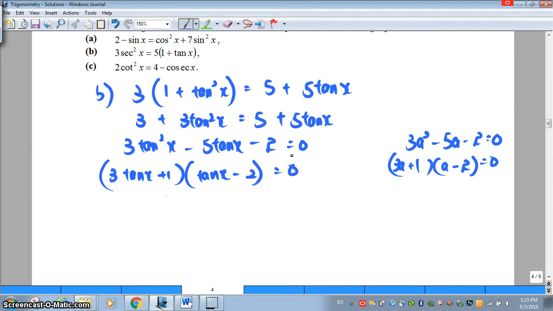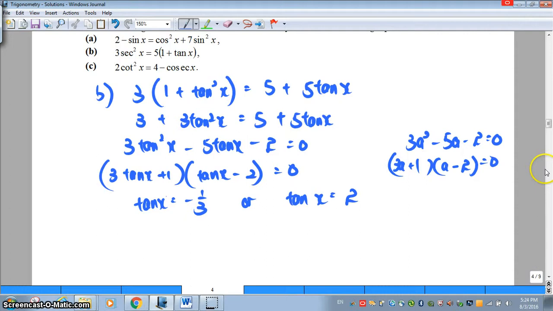So, with the use of the zero product rule, I can conclude that tangent x is equal to negative 1/3, or tangent x is equal to positive 2.